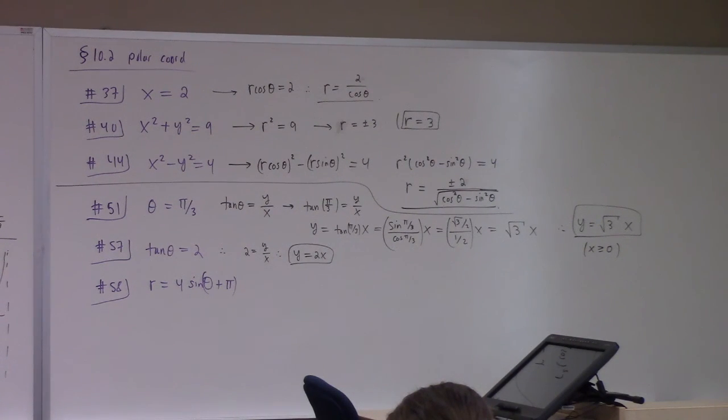If you draw the horizontal line y equals 2, there are two solutions. There's this guy, but there's also that guy, right? This is actually what the calculator would give you: theta is equal to inverse tangent of 2. This over here would be theta is equal to inverse tangent of 2 plus pi.